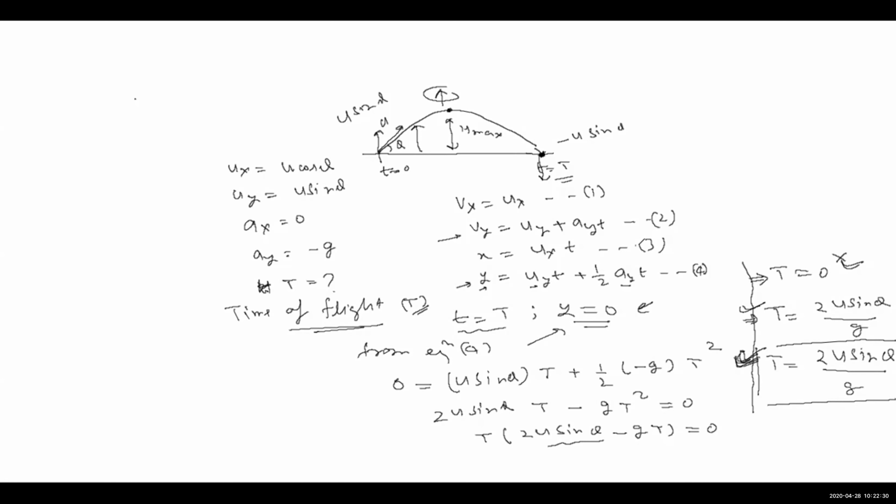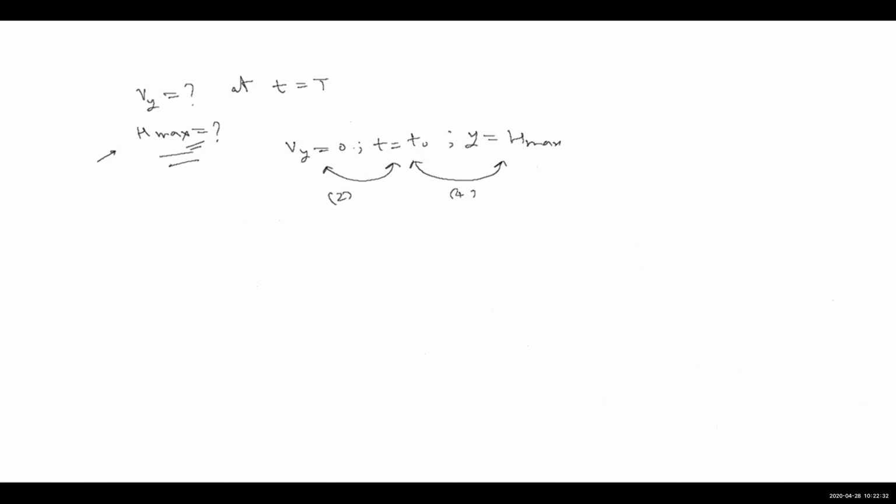I'll generalize this point. During any kind of motion, let's go generic. This is some direction S, not X, not Y. It can be any direction. If I want the maximum displacement along this direction, the condition will always be that Vs should be 0.